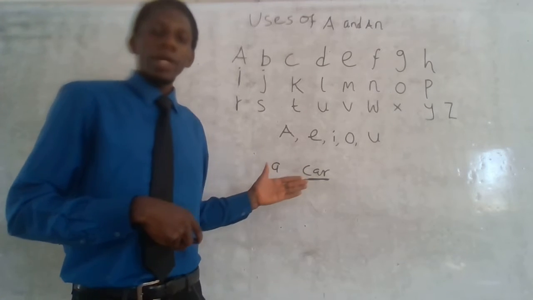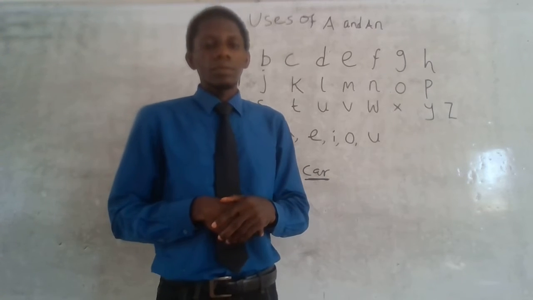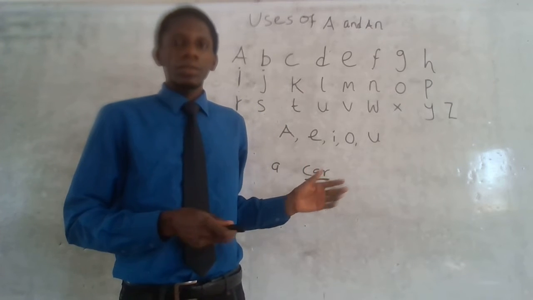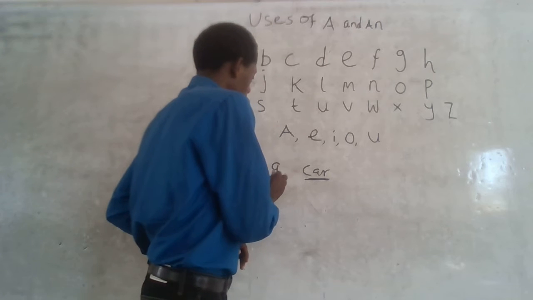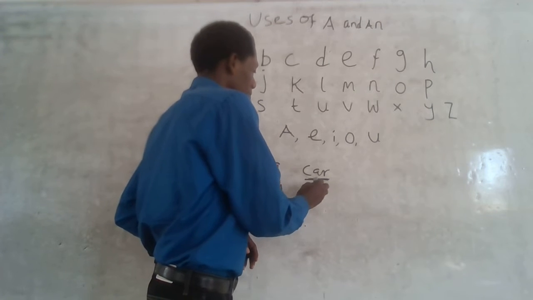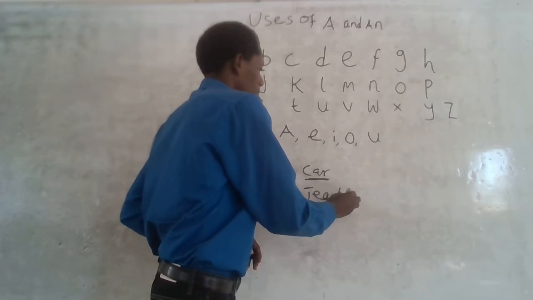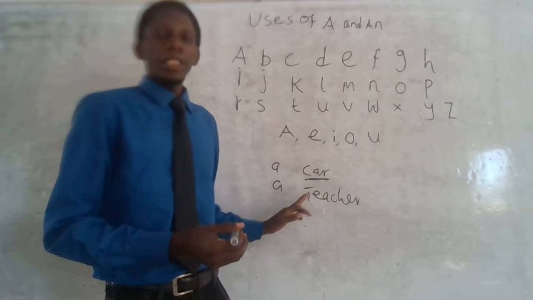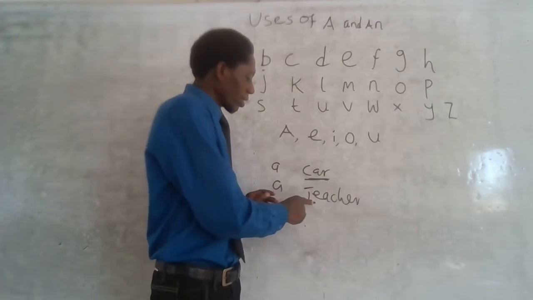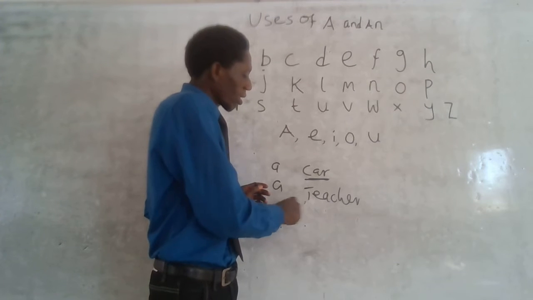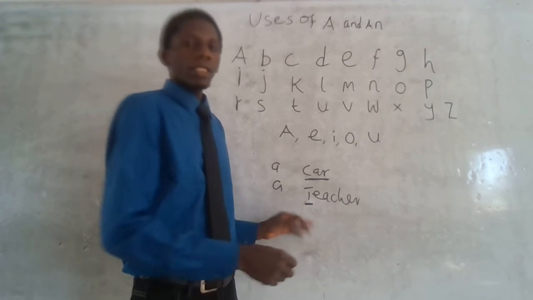For example, a car, a teacher. You can see that the letter T here is a consonant letter.